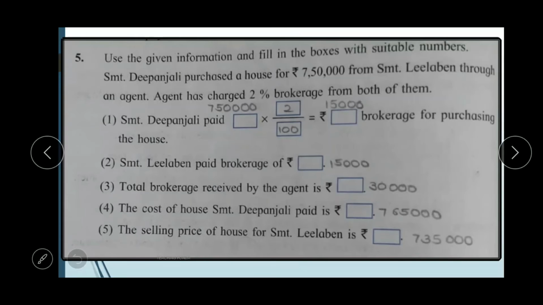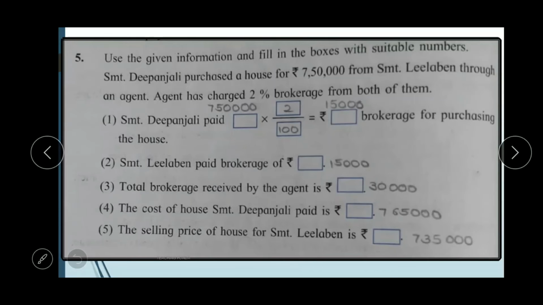They did not contact each other directly, but Dipanjali purchased and Leelaben sold through an agent. The agent charged 2% brokerage from both of them, so in total he is going to get 4%. Now 5 questions have been asked below. You have to calculate and give the answer.